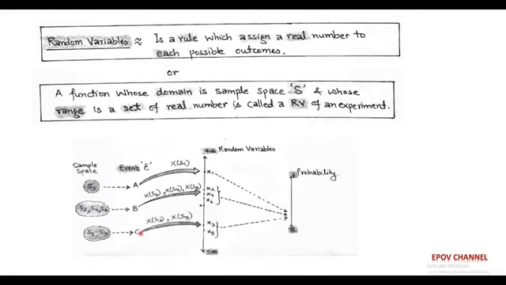Also for event C, the random variables are X(s3), X(s5), or x3, x5. These random variables are a set of real numbers within a range of minus infinity to plus infinity corresponding to individual events, and the probability of all random variables must lie between a range of 0 to 1.